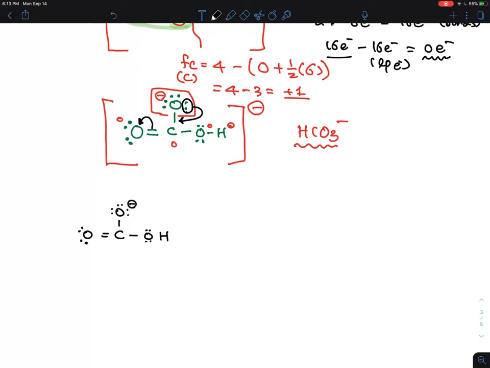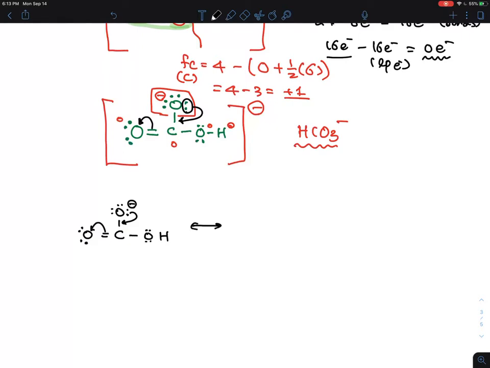The formal charge is localized on the oxygen on the top, but now this lone pair can form the double bond. But by forming the double bond, carbon has 10 electrons, so it cannot take it. So they're going to push this one back to the other oxygen.